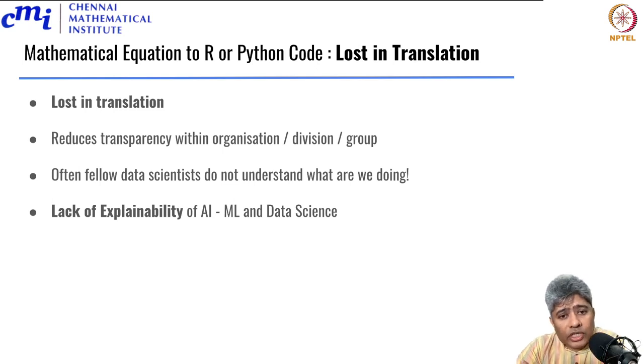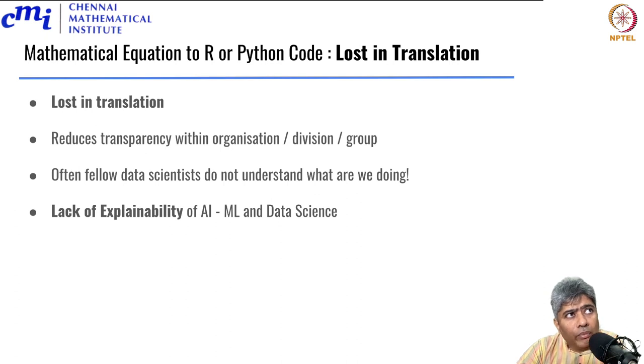Similarly, if you receive code from your friend, you will not be able to understand many lines of what they did. It takes a lot of time to understand exactly what is going on, and that contributes to something called lack of explainability in AI/ML and data science.